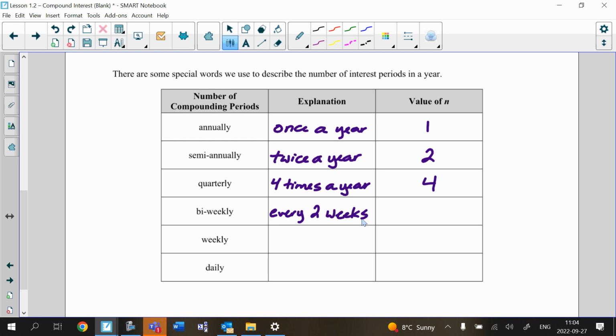Every 2 weeks would be half that, 26 times. And then finally, daily, 365 times a year. Which would be great if you were investing, and not so great if you were borrowing.